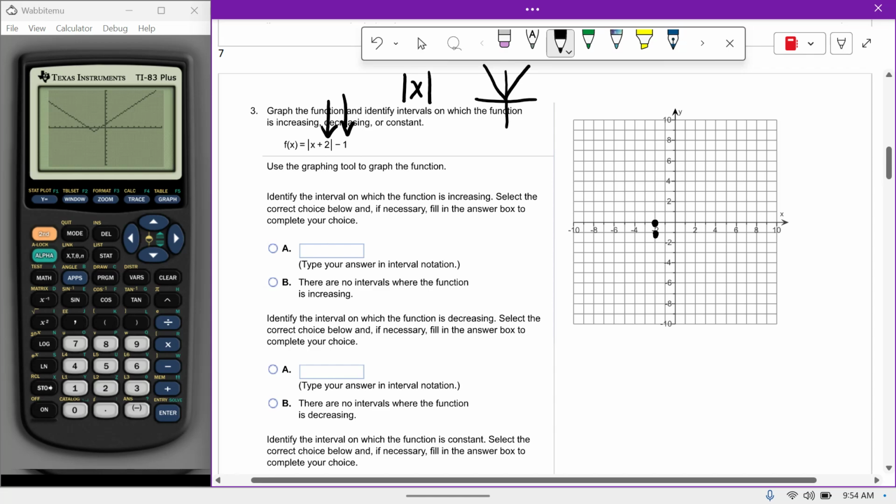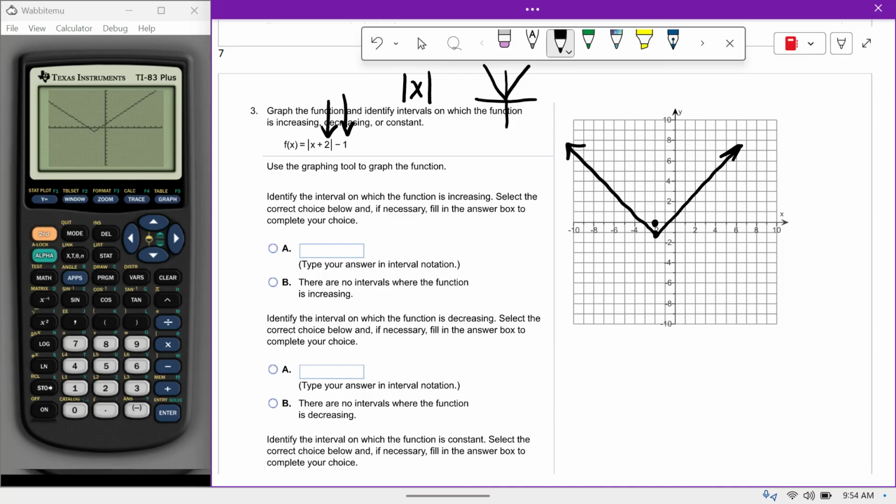It is 1 down. Okay? When it happens on the inside, it's the opposite of what you think. When you see plus 2, you think you go to the right 2, you actually go to the left 2. What happens on the outside is exactly what you think. You see a minus 1, it goes down 1. Okay? All right. So it should go like this and like this.